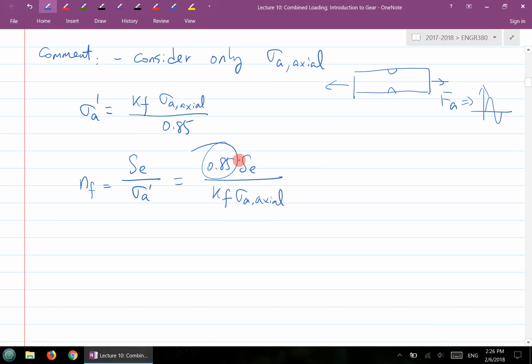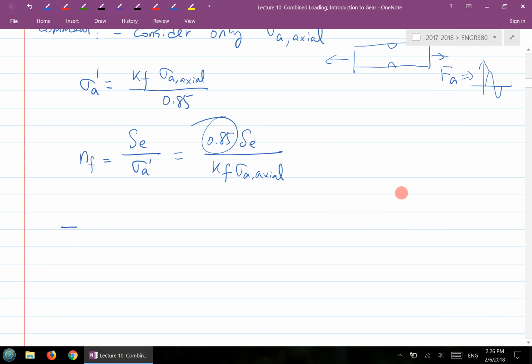Okay? Yeah. So second comment here, let's consider pure shear. Basically there's nothing else, just the tau A torsion only.